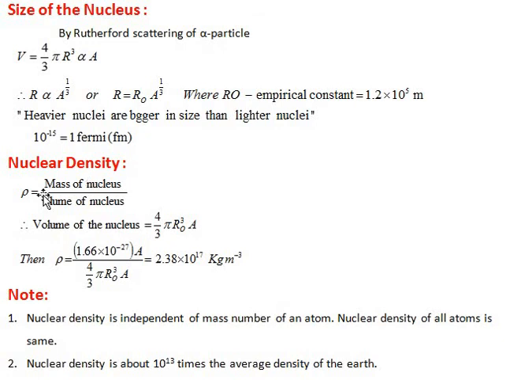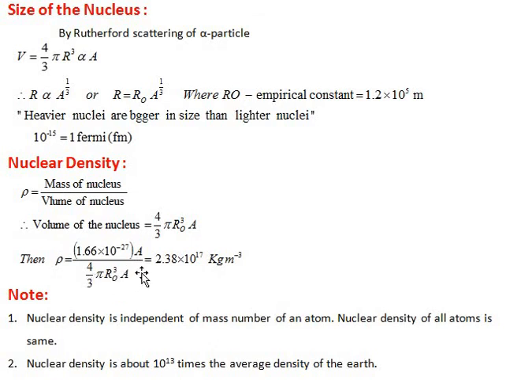Again, density is found by mass per unit volume of the nucleus. The volume of the nucleus we just found is 4 by 3 pi r naught cube into A. You substitute this expression in place of r. Then rho is equal to the mass of the nucleus, 1.66 into 10 raised to minus 27 into A, divided by 4 by 3 pi r naught cube A, and A gets cancelled.